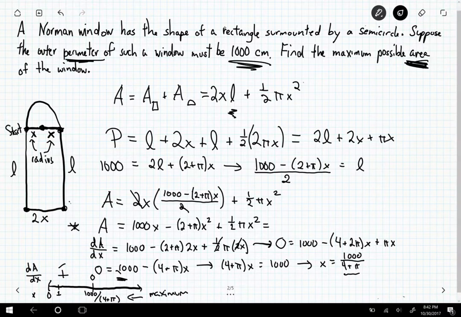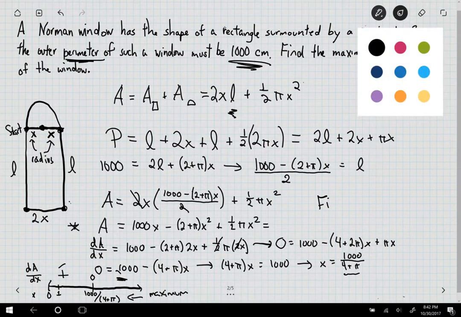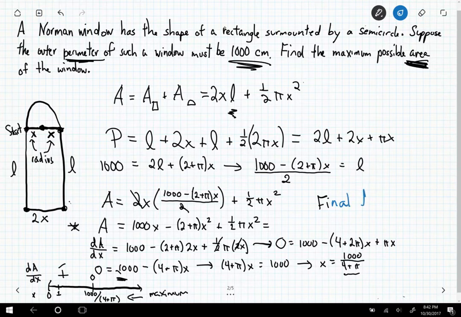So our final answer, I'll write it up here. Actually, let me do this. So final answer is 1,000 times 1,000 divided by 4 plus pi.